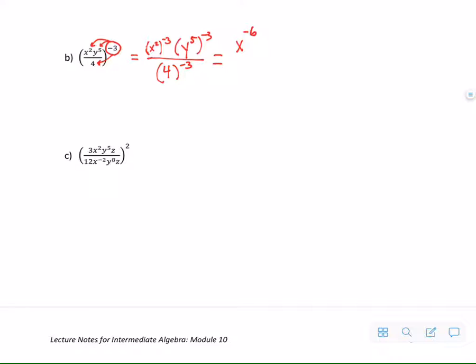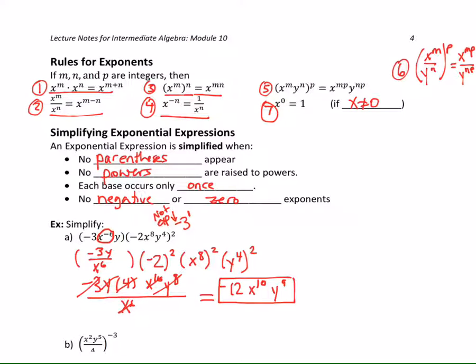So using the same reasoning, y to the 5th to the negative 3rd is negative 15. Negative 15 over 4 to the minus 3. Now what rule can we apply? It's number, I think I labeled it as 4 here.